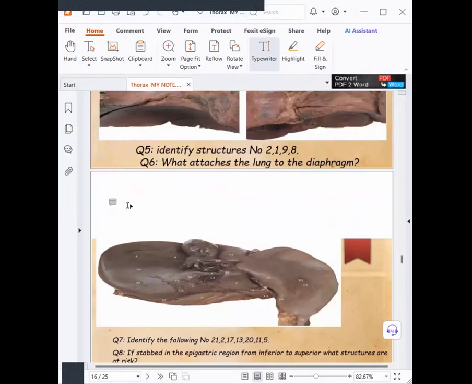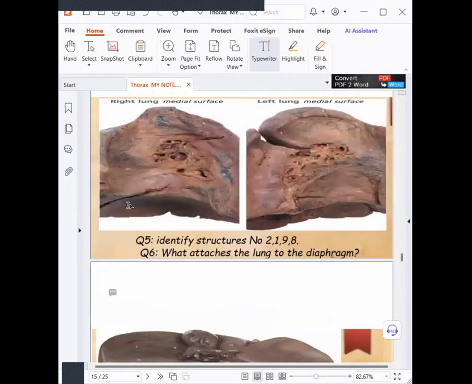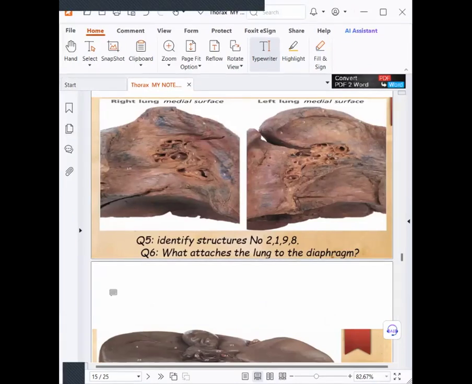Can you identify structures number 1, 2, 9, and 8 in the picture? Number 1, branches of the principal bronchus in the right lung, in the left lung as well. Number 2, they are branches of the pulmonary artery, in the left lung as well.